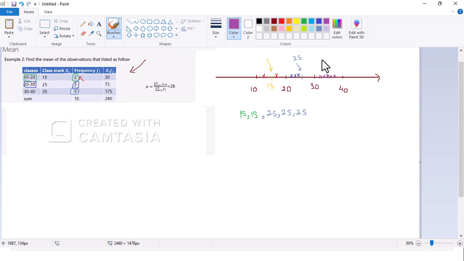Between 30 and 40, the class mark is 35, the midpoint, and I assume that 35 is repeated here 5 times, and in this way I can get rid of this calculation.